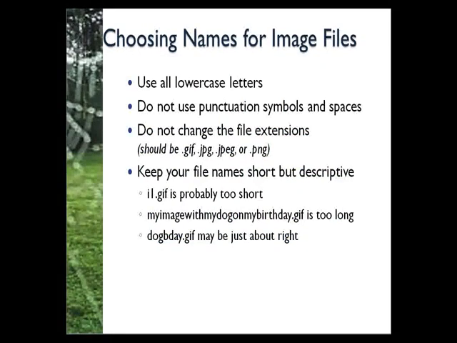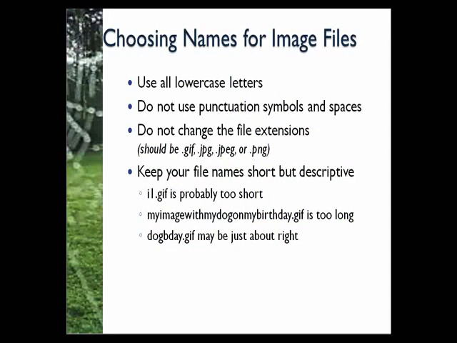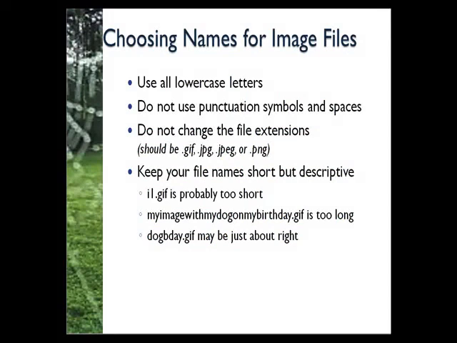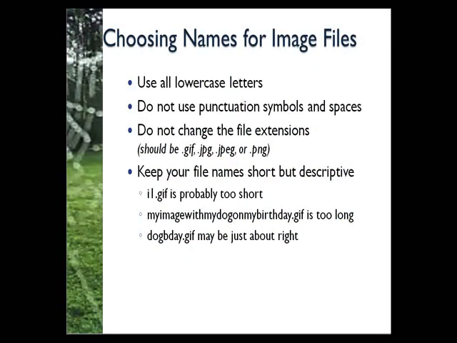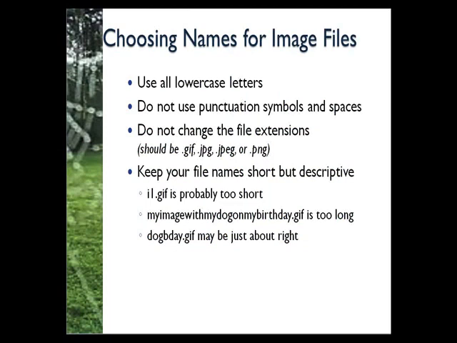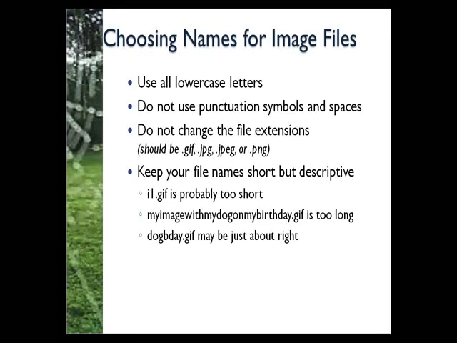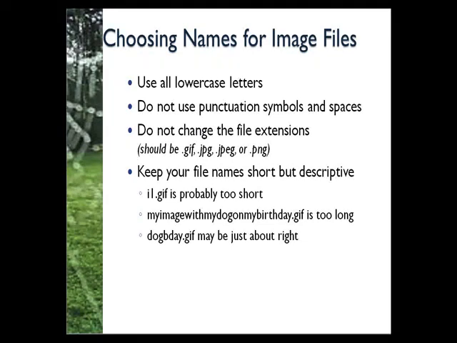Now, when it comes to choosing names, what you really should do is think about, okay, in 3 years when I need to edit this site, how am I going to know what an individual image is? You might end up with hundreds or thousands of images in a website, and so it's best to use a descriptive term and not one that gets crazy long.